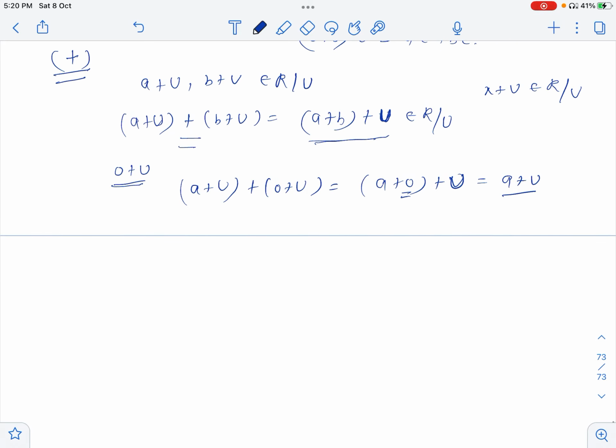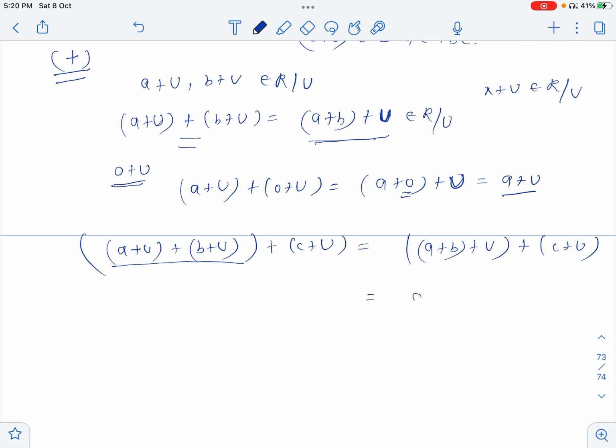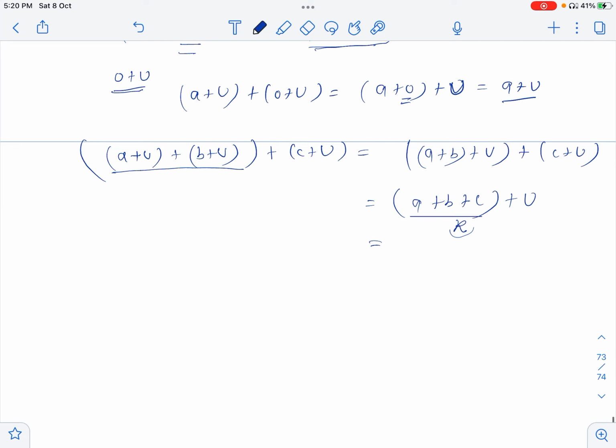Let us prove that it is associative. For associativity, ((a plus U) plus (b plus U)) plus (c plus U) is equal to, let us operate first within the bracket, (a plus b plus U) plus (c plus U), which is equal to a plus b plus c plus U. Since a, b, and c are elements of ring R, and R is associative with respect to addition, it is a plus (b plus c) plus U. So from the addition of the first composition, this can be written separately as (a plus U) plus (b plus c plus U).